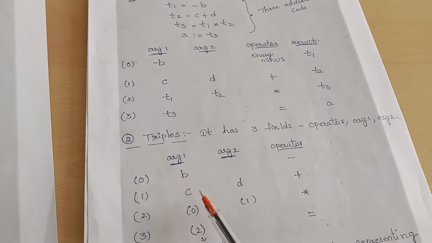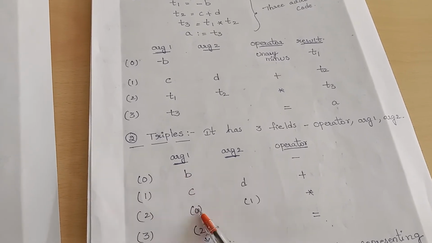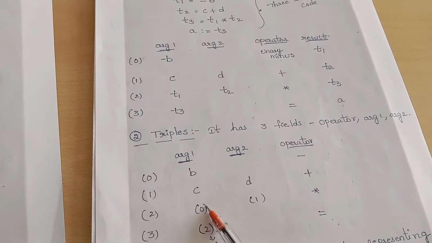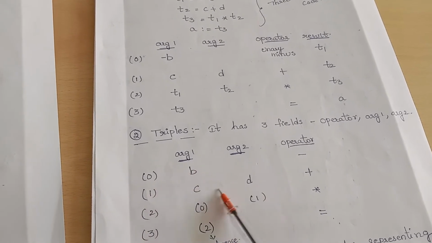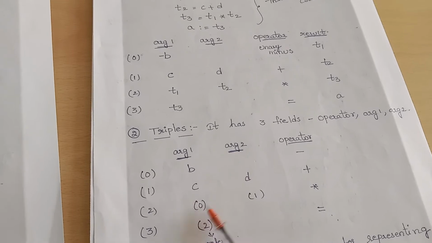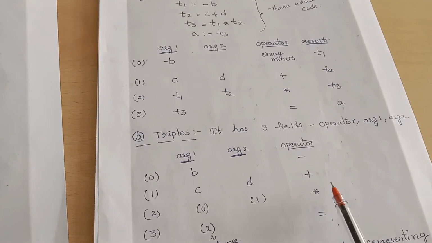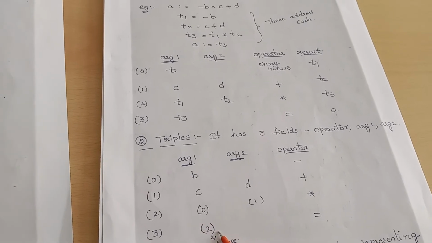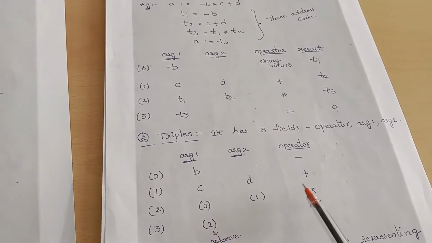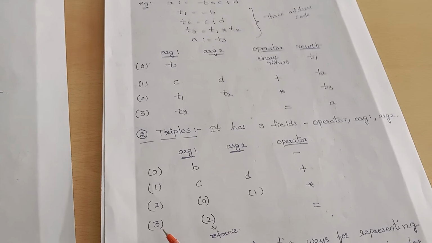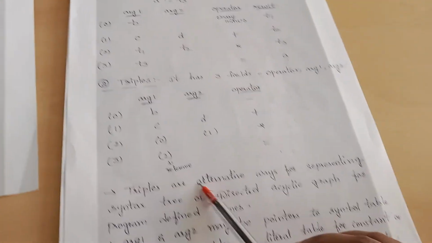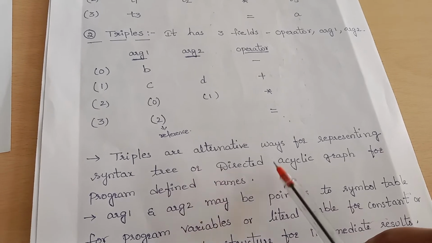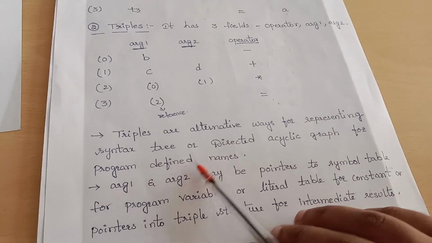So here argument 1 is 0 and argument 2 is 1. That means here we are using b and here we are using c plus d, and the operator is star. And ultimately the argument 1 is 2 and the operator is equal to, that is stored in value 3.